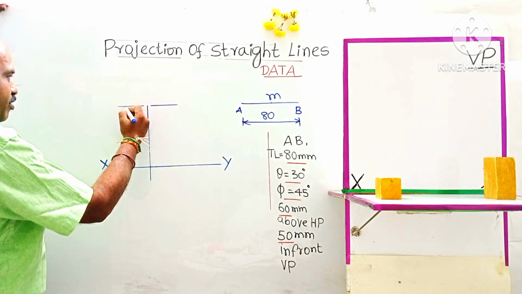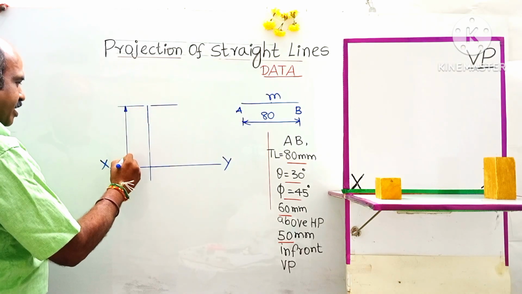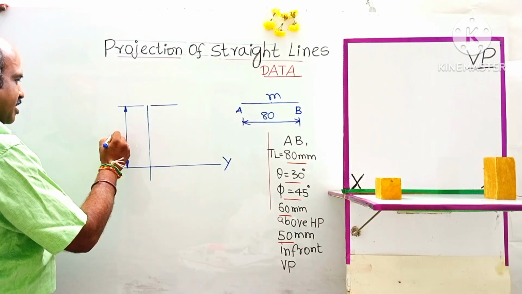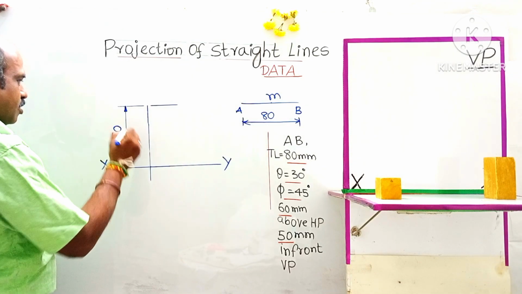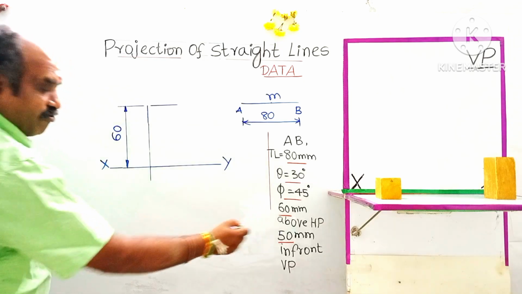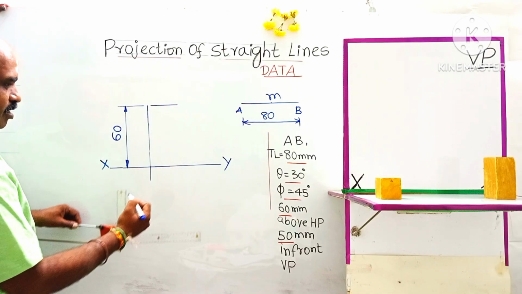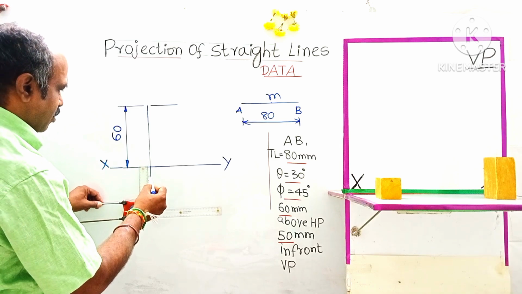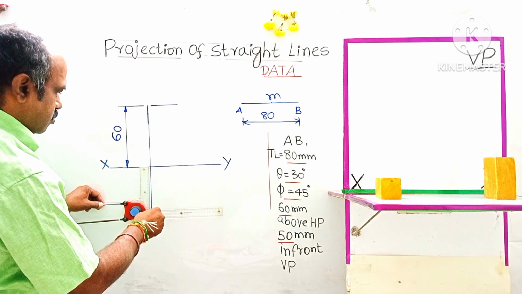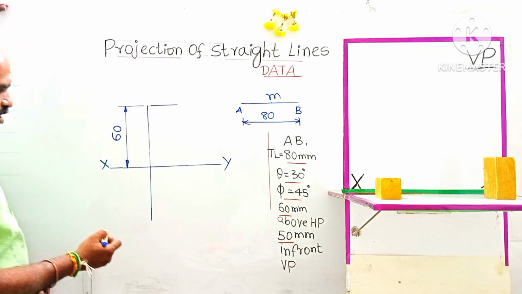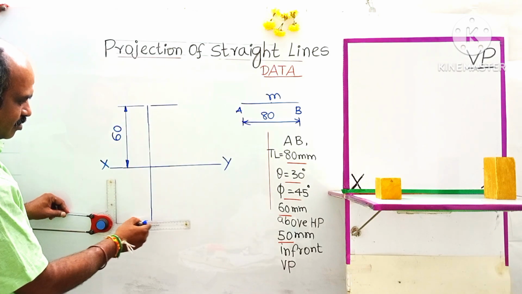Put in narrow arrows, shade the arrows, and you can write the distance above HP, 60 mm. 60 shall be written like this. And 50 mm in front of VP will come below the XY line. From this point, mark 50 mm below the XY line. Understand? Let us dimension this.